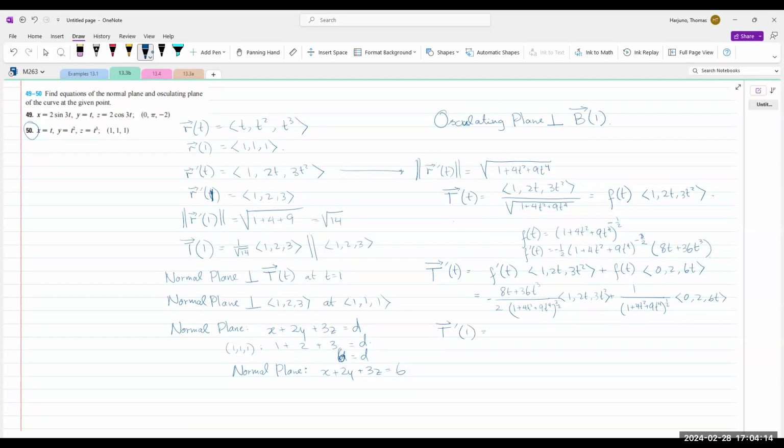We just need to observe that at 1. If we try to observe that at 1, I basically plug 1 in, I get negative 44 over 2 times 14 square root of 14 times 1, 2, 3, plus 1 over square root of 14 times 0, 2, 6, because t is 1.